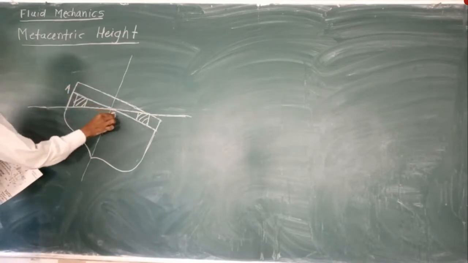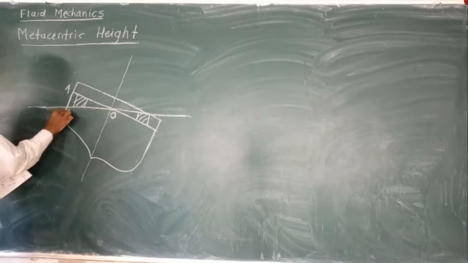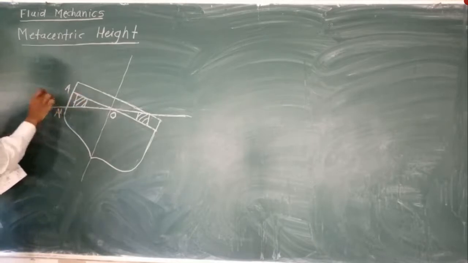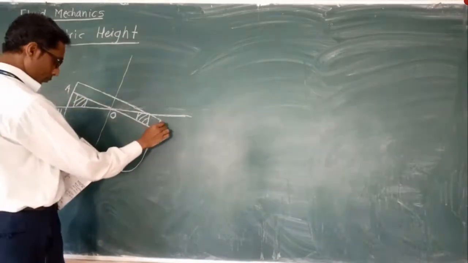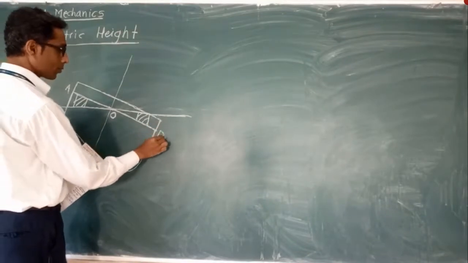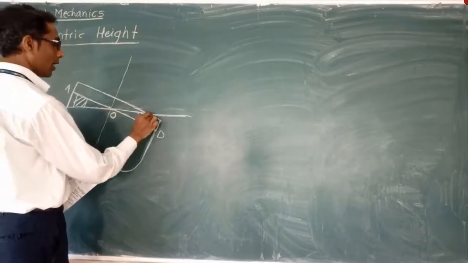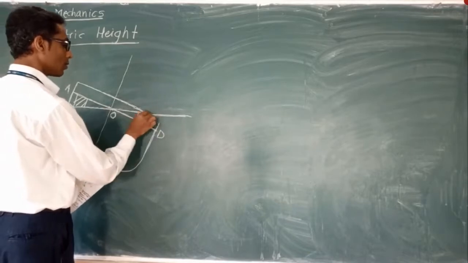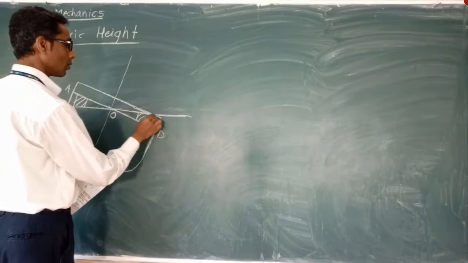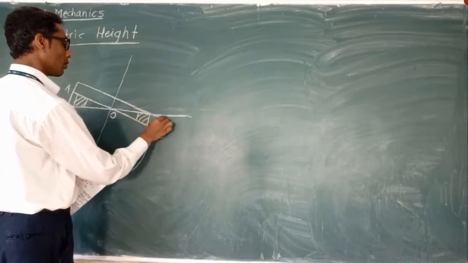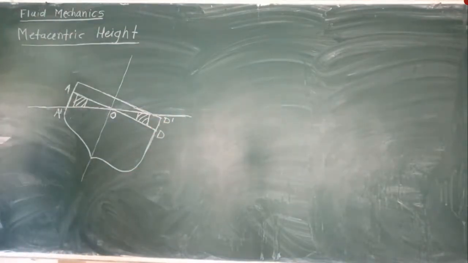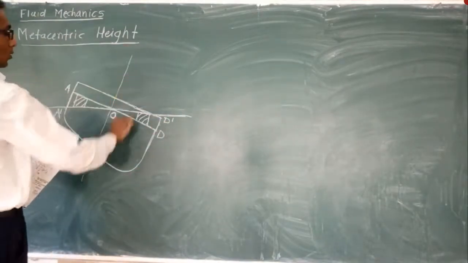O is the center point, and this is the point where the portion goes below. This is A, O, A dash. And the portion which is going out is D, O, D dash. This is the vertical line.